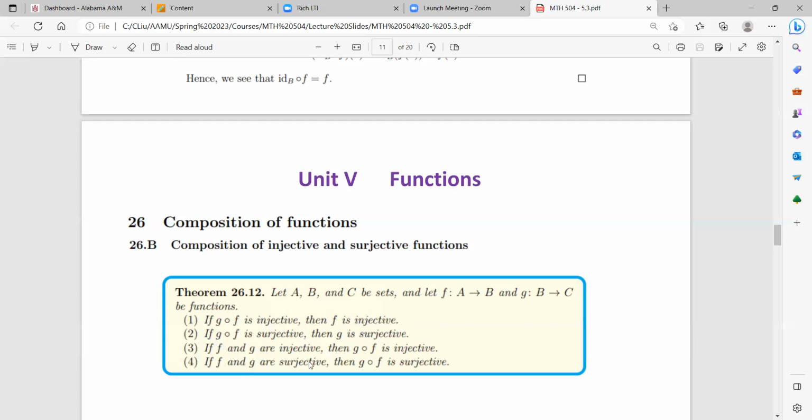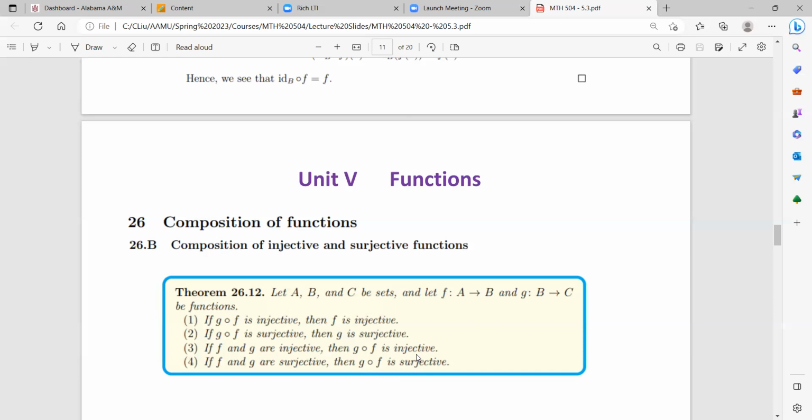And the third and the fourth results are relatively easy. If f and g are both injective, then g compose f is injective. If f and g are both surjective, then g compose f is surjective.